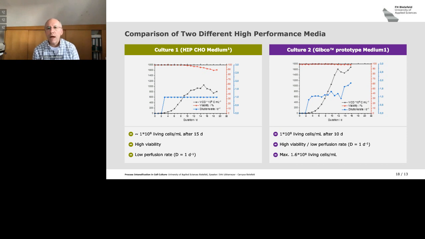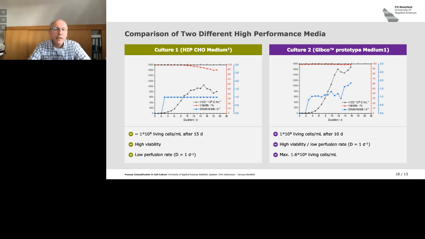If we look to the right, with the Gibco prototype medium, the exponential phase was longer, until day 11, and we reached a maximum cell density of 160 million living cells per ml. This was the highest cell density we had so far in our lab. And the viability is very, very high.